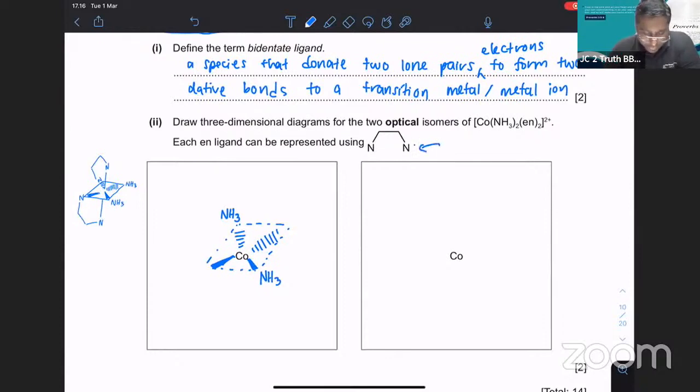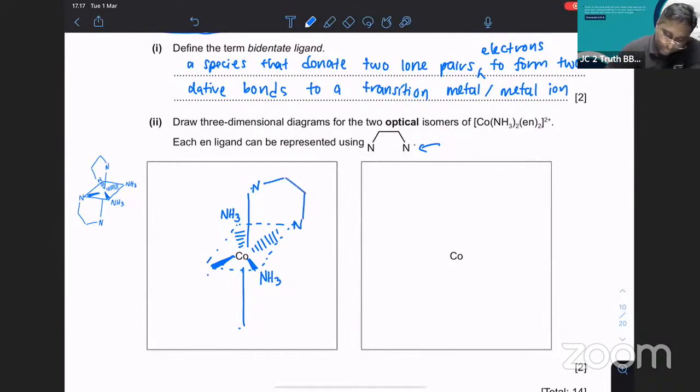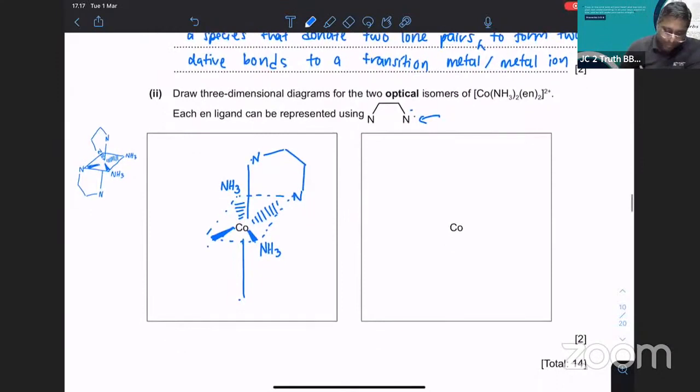We know that we have one up and another line down, 6 coordination number. You can draw something like this connected to this, and this connected to this. So I can just draw N over here, and N over here. Then I have this and this put like this. Just follow, and then the same thing: I have N over here, and N over here.